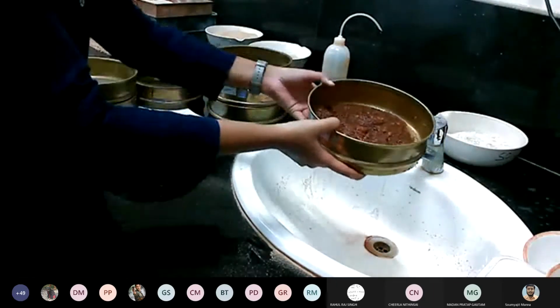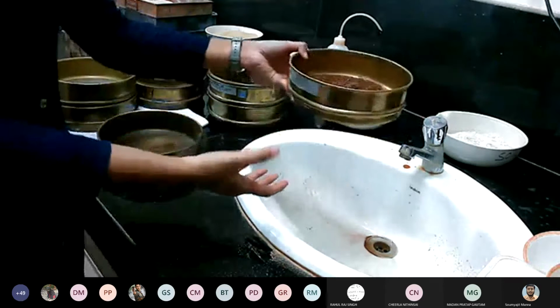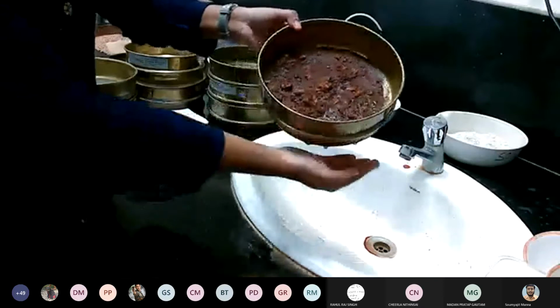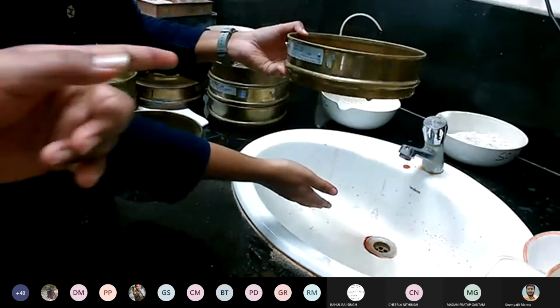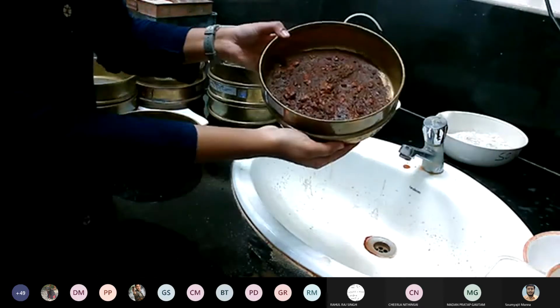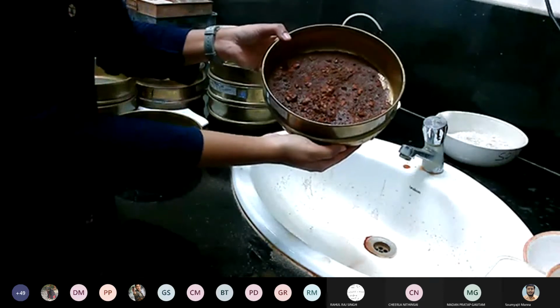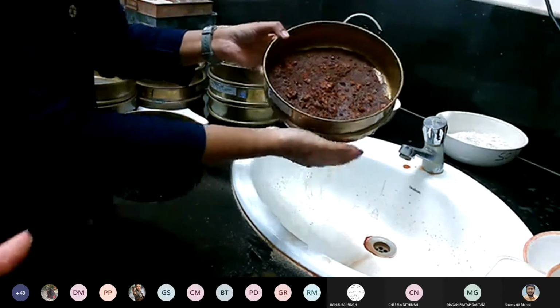Now you notice that initially we had taken a huge amount of soil, approximately half a kg, but what remains is maybe less than 200 grams. Another thing is that this is wet soil, so it will be kept in the oven for approximately 24 hours.